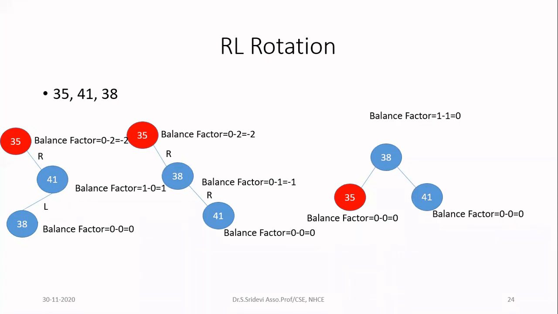I will transform RL imbalance into RR imbalance. That is also an imbalance, so you need to go for the second rotation to balance it. When both the letters are the same, we need to rotate in the opposite direction. R means clockwise, so you rotate in the anti-clockwise direction. After that, we get a perfectly balanced tree.